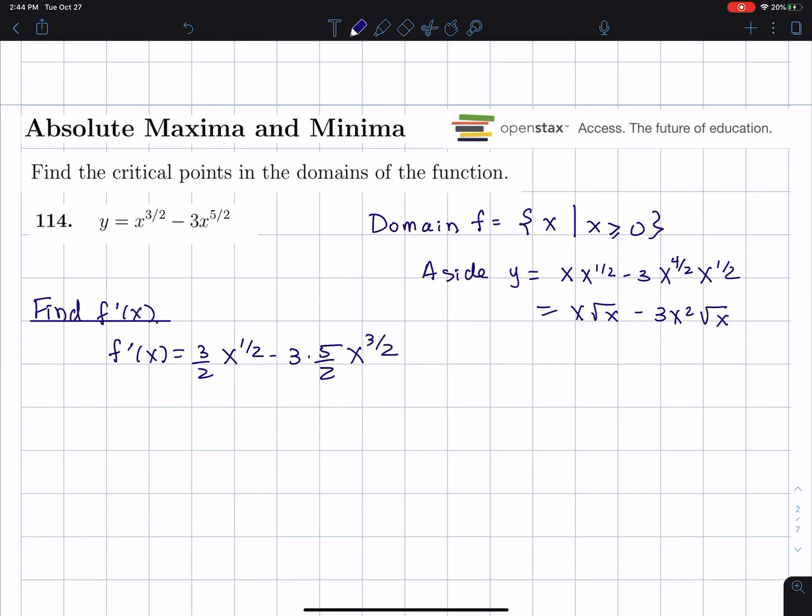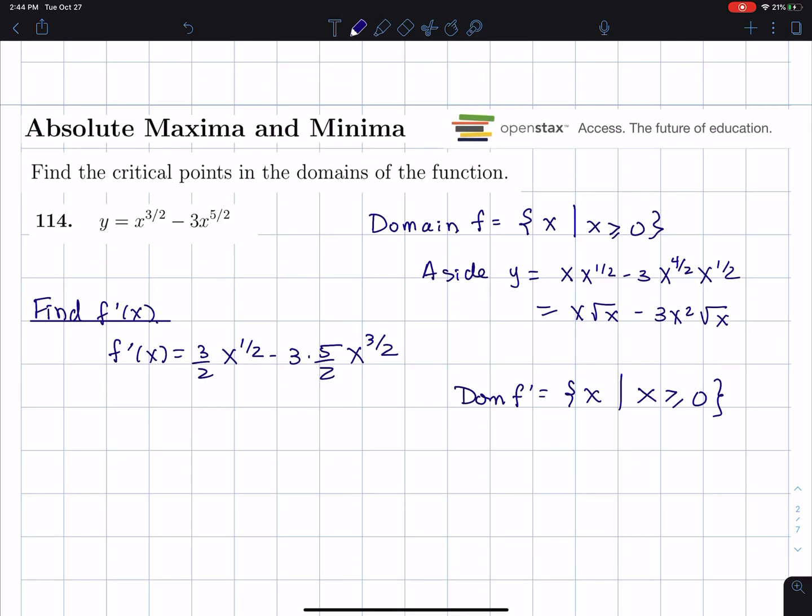Now, the domain of f prime is exactly the same. It's all x greater than or equal to 0. So it's true, for example, that f prime of -1 is undefined.